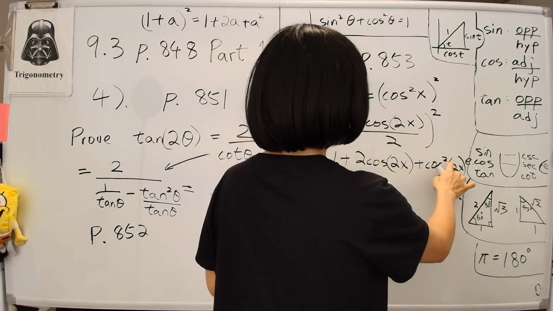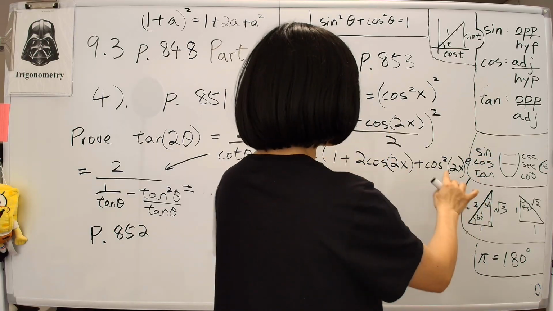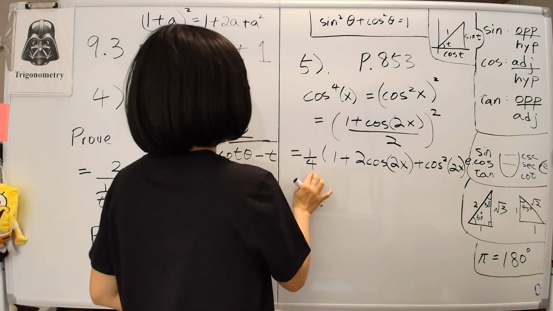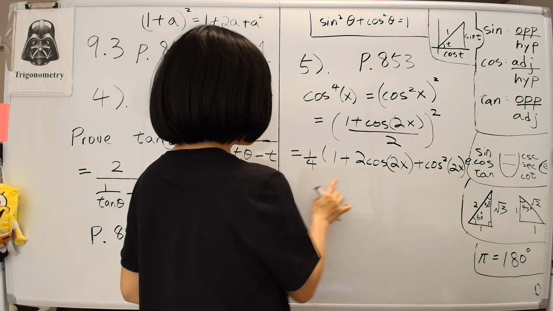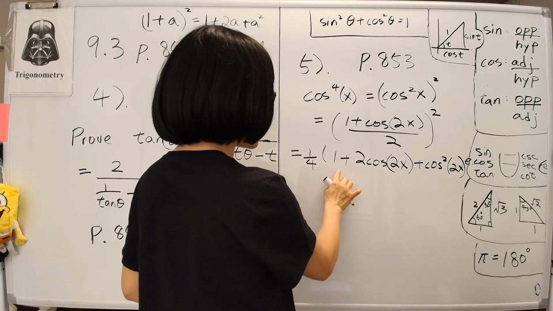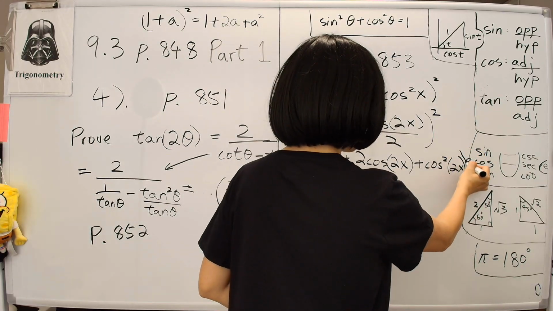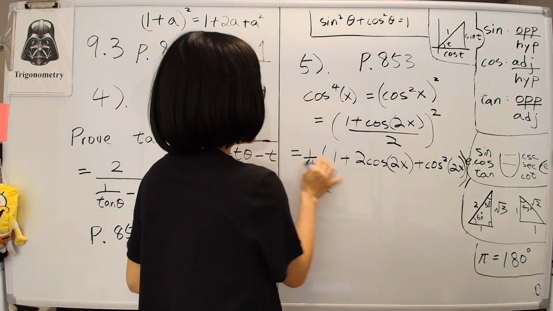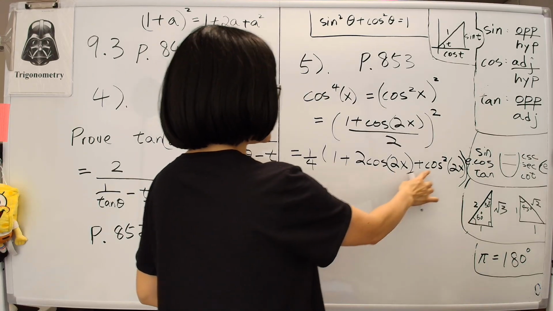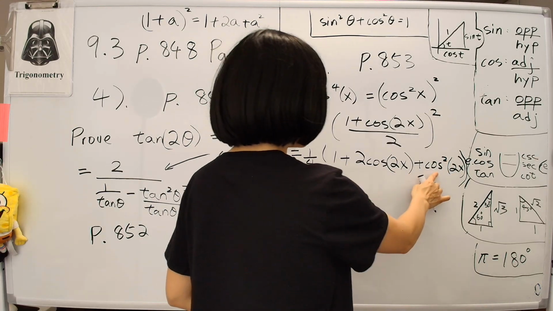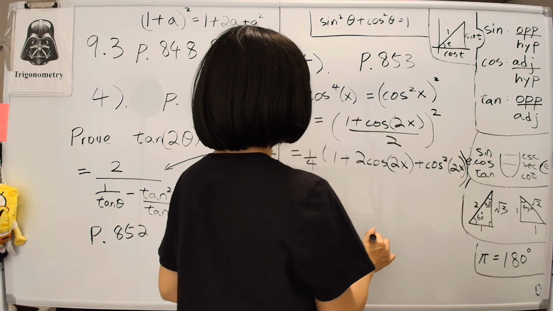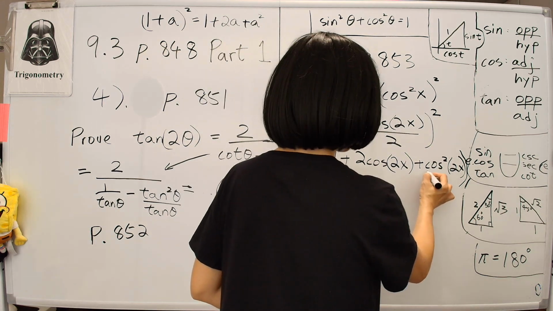Remember, the square means the whole thing is being squared. These first two terms are okay, but the last one still has a square, so we need to work on cosine squared 2x.